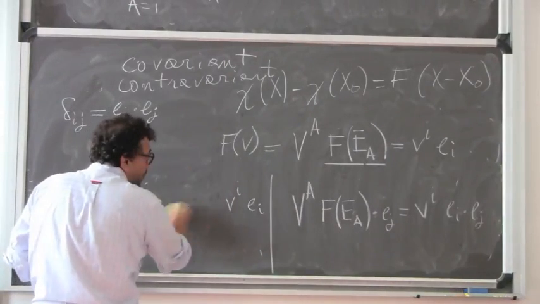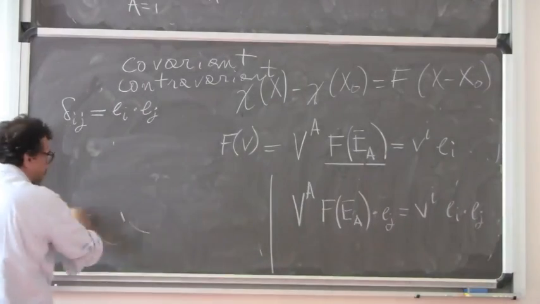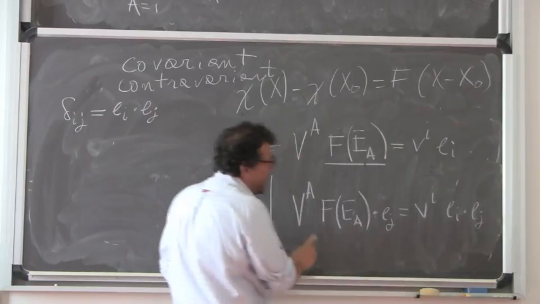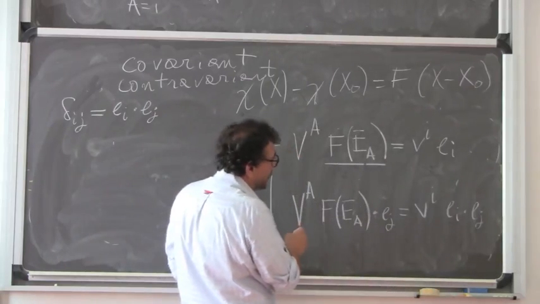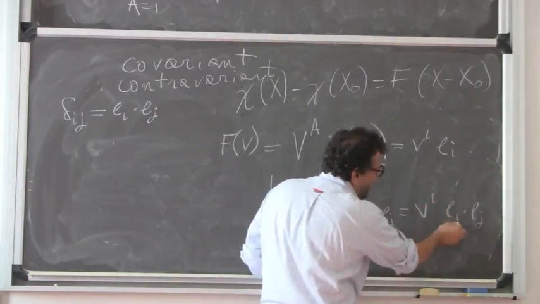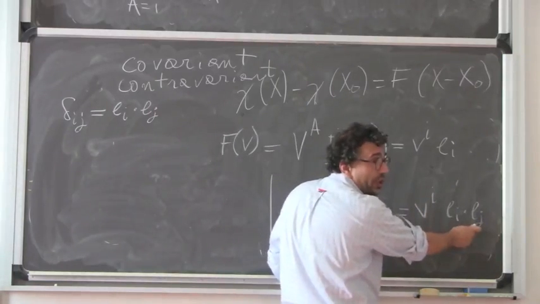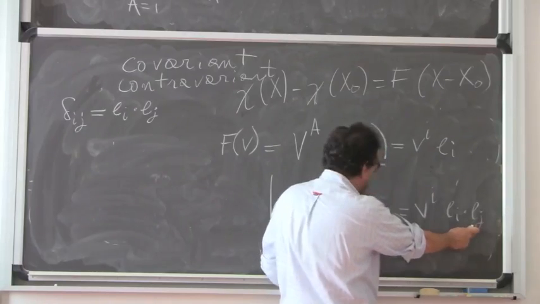We have to learn to do these things, so we do it slowly. Here you have summation over I, no summation over J. Okay?